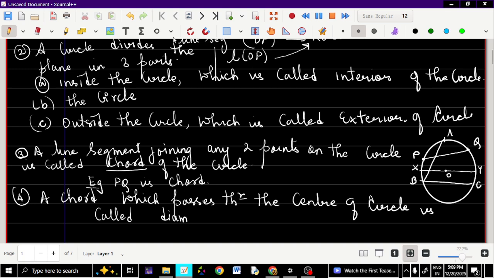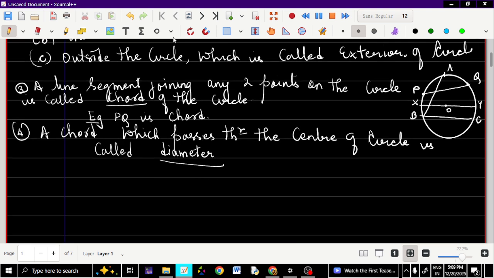And the special thing about the diameter of the circle is it is the longest chord of the circle. Very important.